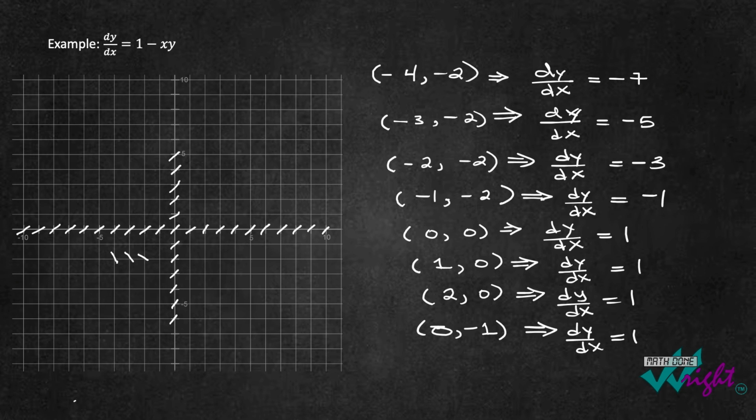And then for negative 1, negative 2, I have simply negative 1, which is right at that center. That gives you an idea of how you could graph a slope field by hand.